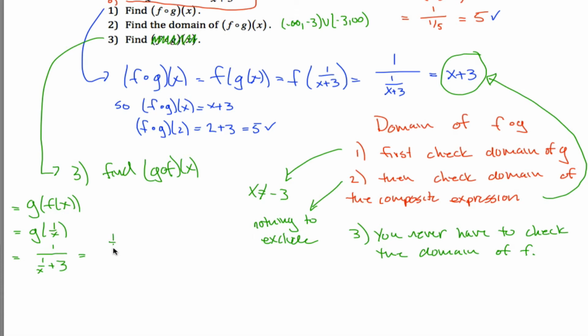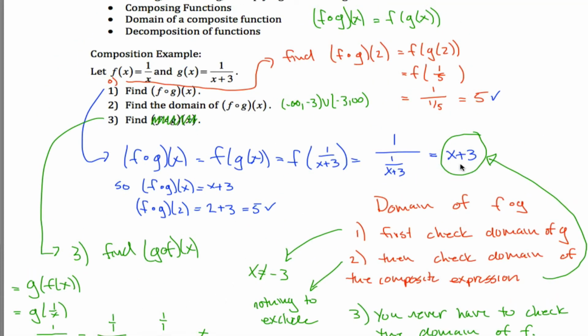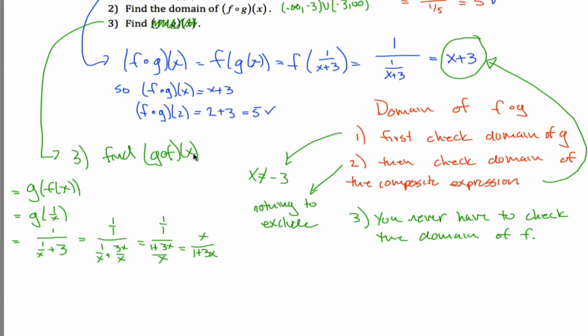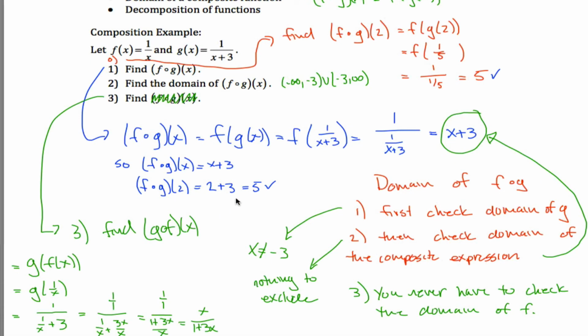I would get 1 over 1 divided by 1 over x plus 3x over x, which is 1 over 1 divided by 1 plus 3x over x, which is x over 1 plus 3x. This is very different than this guy right here. The reason why is because this one down here is g of f, and this one up here is f of g. And the order that you compose functions makes a big difference. So that's why you get a different answer here.